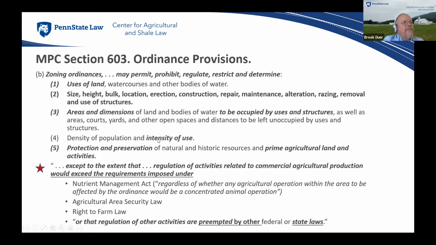So perhaps not the best words in a statute, but it's interesting that that was chosen back at the time. Protection and preservation of prime agricultural land and activities is actually one of the articulated powers of a municipality in enacting a zoning ordinance.